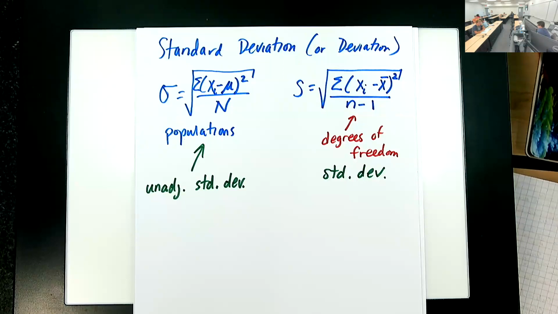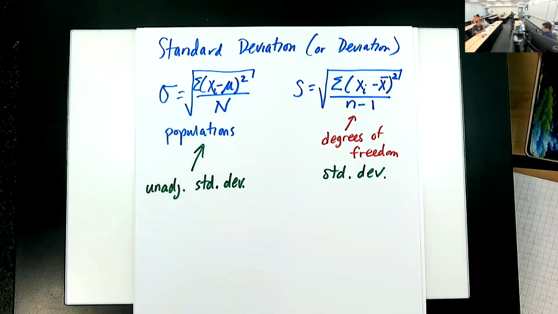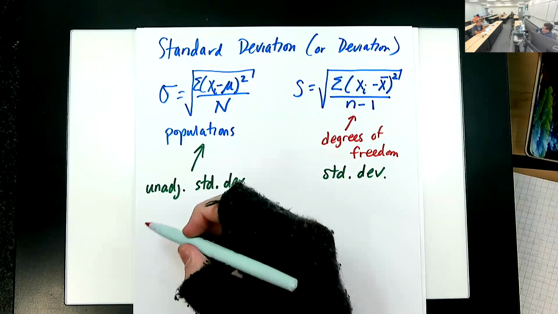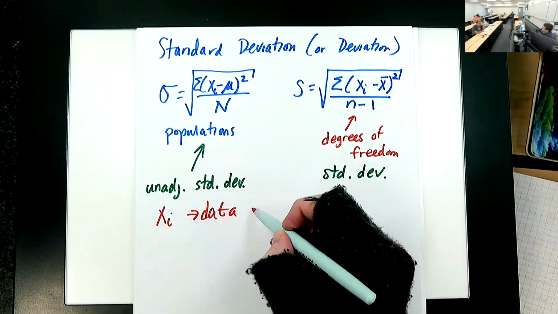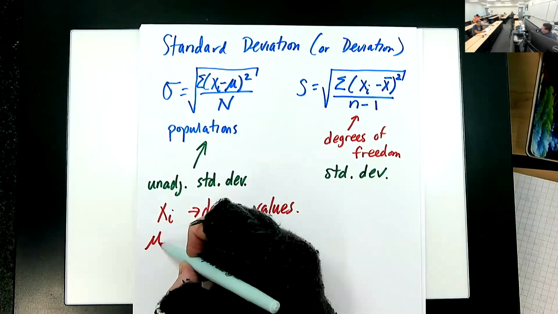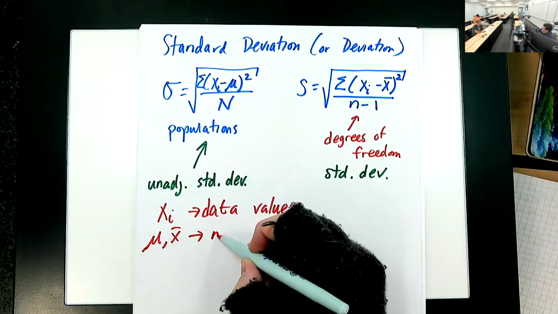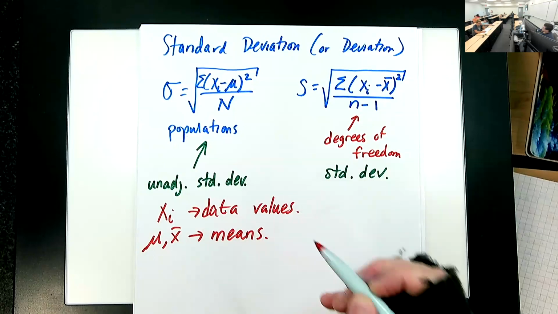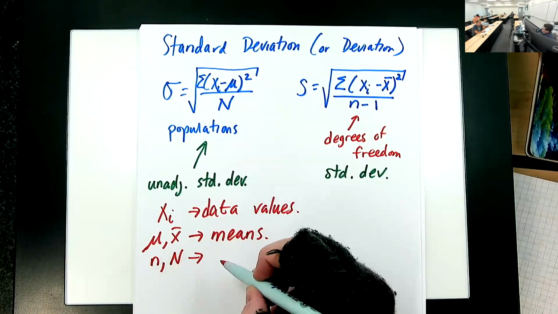That works. All right. So what do we need here? xi are all the individual data values. We already talked about mu or x bar; these are both means. And we've talked about n and big N, which are the group sizes.